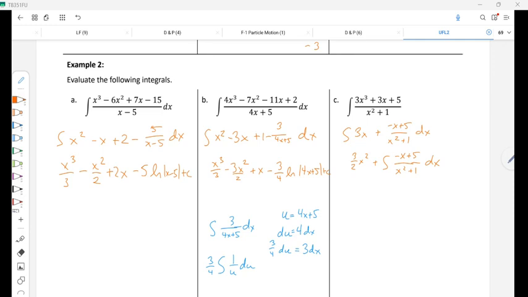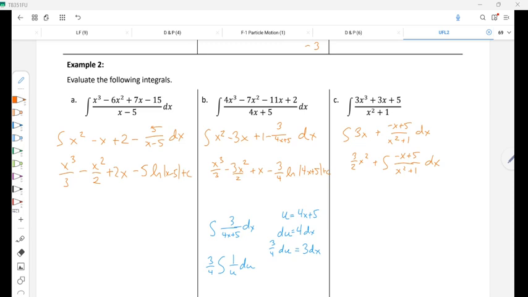The problem is the plus 5. So the negative isn't the problem. The problem is the plus 5 here. So if I said u was x squared plus 1, du would be 2x dx. But I have this x plus 5. You're not going to be able to move that plus 5 in there. It's not going to work.